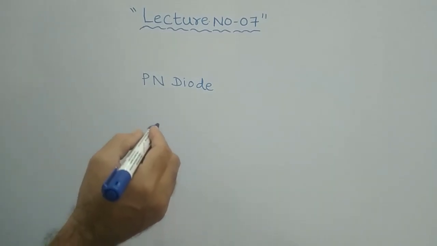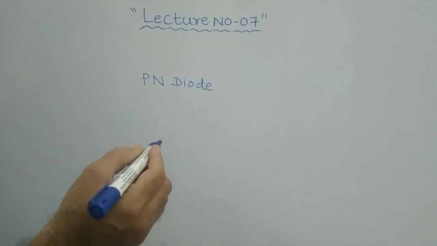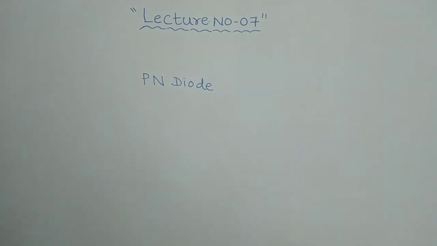A brief description of the PN diode, I think we have seen in our earlier presentations. You can refer to our earlier lectures. There we have covered it, or otherwise we will see in later presentations if we missed anything about the PN diode.